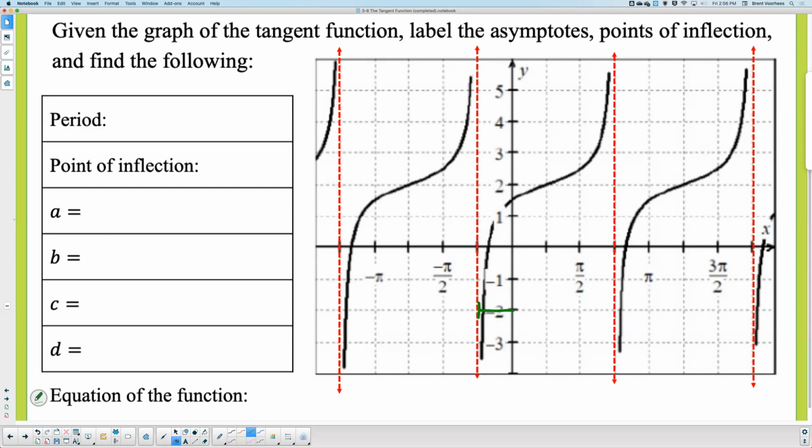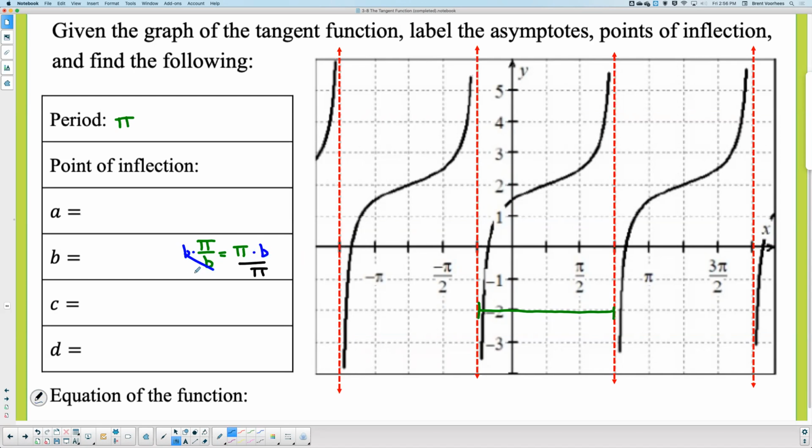So an easier way, once I know how many blocks it is, is to count 4 blocks from 0, which is pi. My period is 1 pi, which can indicate to you what the b value is. Because remember, pi divided by b has to equal my period. So my period is pi. So I can multiply both sides by b here. Now I know pi equals pi b, and then I would come back and divide by pi.